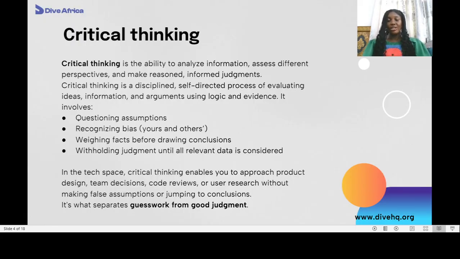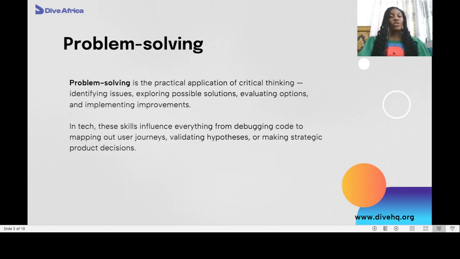Just like I gave an example, a scenario, we all take decisions every day. We think about it before making that decision. So it is something that you can actually improve on a daily basis. So now let us look at problem solving. When we talk about problem solving, it is the practical application of critical thinking.